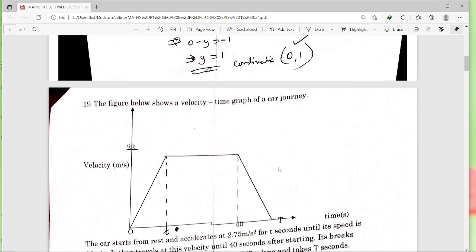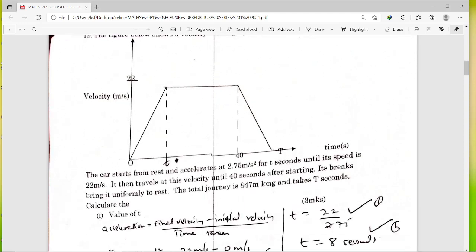The figure below shows the velocity-time graph of a car journey. So we have the y-axis here, that's velocity in meters per second, and the x-axis is time in terms of t.